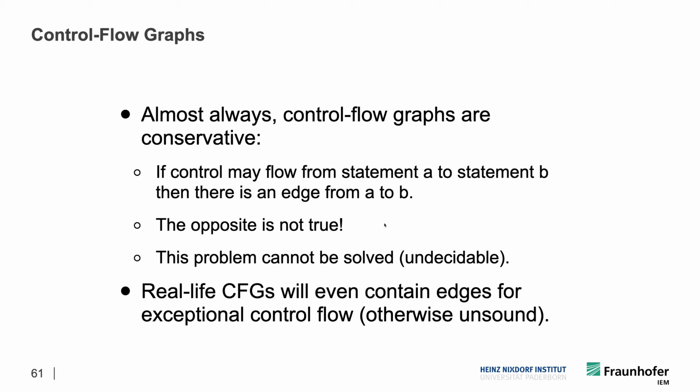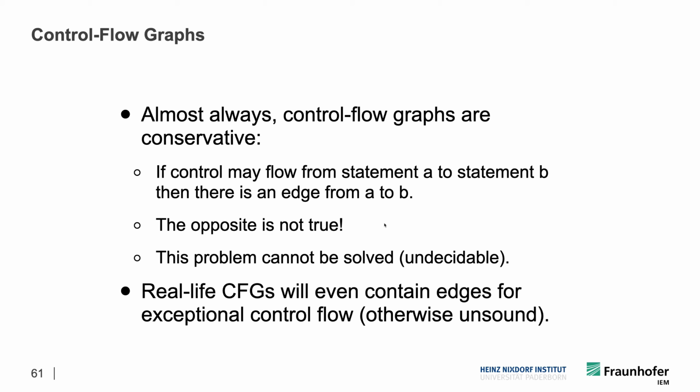And this problem you can never really solve in full. It's an undecidable problem. I wished, as many people do, that there was a 100% solution, but it has been shown since a long time that that's actually impossible. And real-life control flow graphs, they will even contain edges for exceptional control flow to be sound.